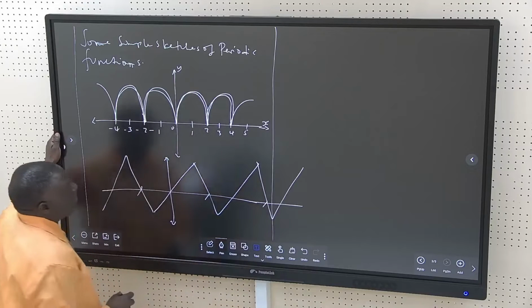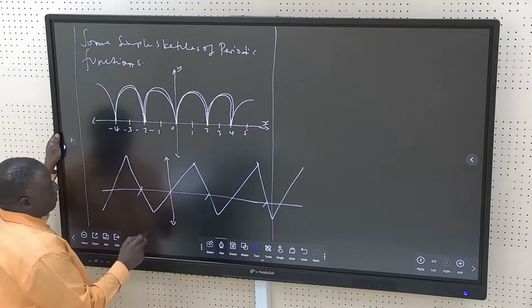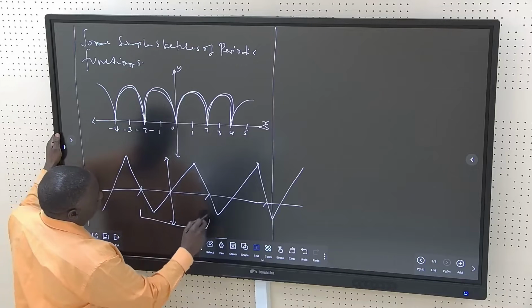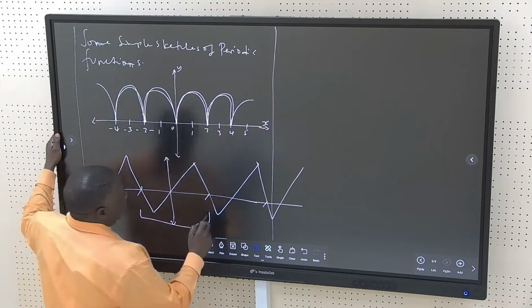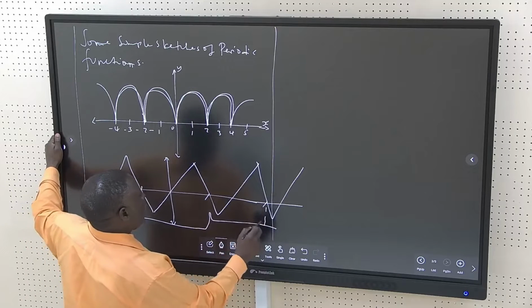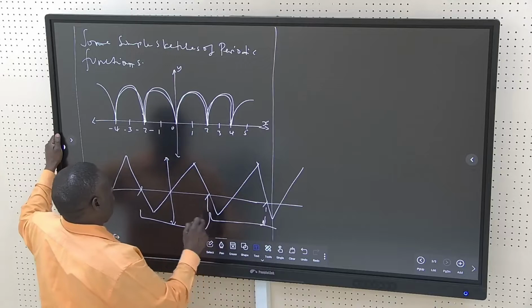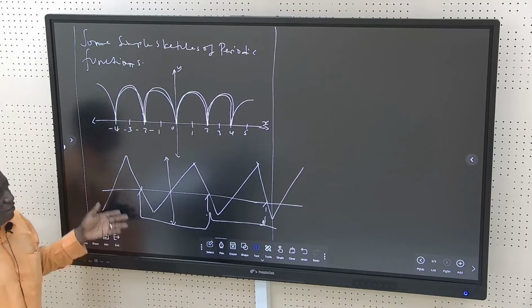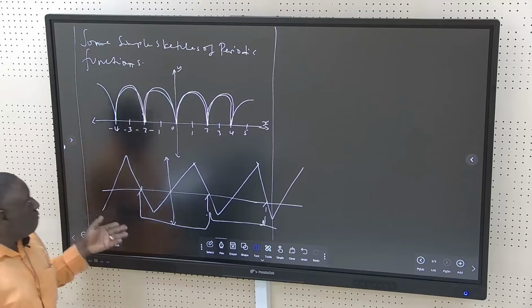From this point, we have a complete cycle here, and from this point up to this point, we have a complete cycle here. So this one is copying and pasting itself. This is one of the periodic functions.